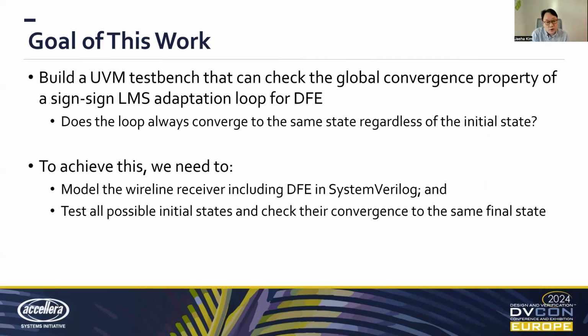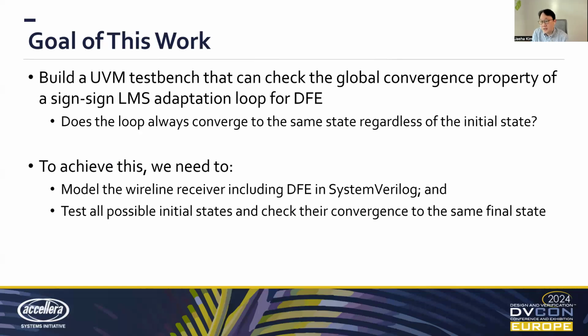So the goal of this work is to present a UVM test bench that can check the global convergence property of a sign-sign LMS adaptation loop for this DFE. So we are trying to answer a question: does the loop always converge to the same final state, regardless of the initial state?